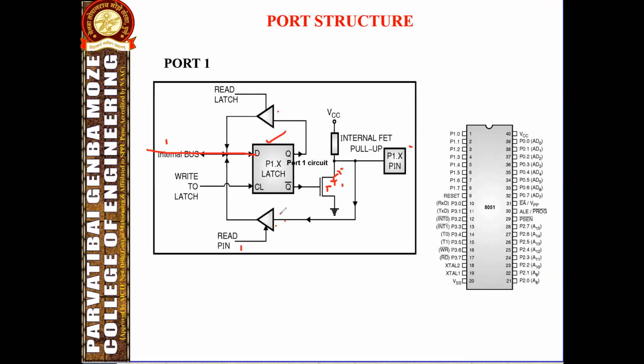This is tri-state buffer 1, and this is tri-state buffer 2. There are totally 2 tri-state buffers, and the other tri-state buffer is used to read the latch. The output of this D flip-flop we can read by using this read latch signal.